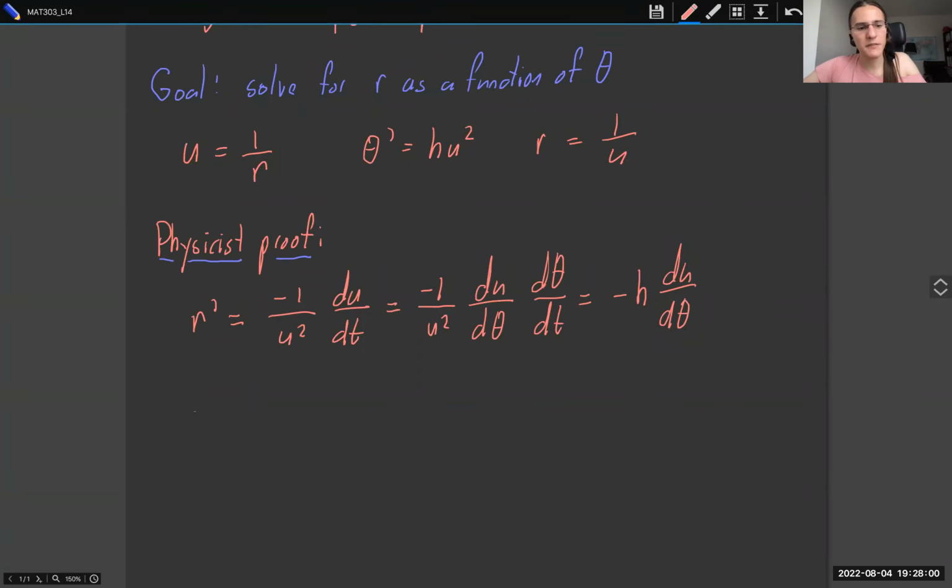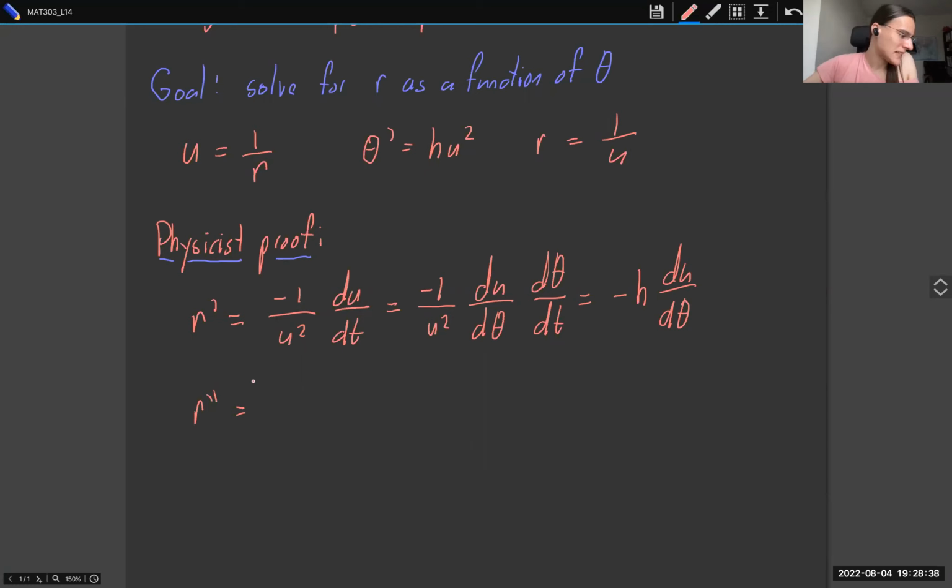Now, let's say we want to find the second derivative of r. Well, then we look at this expression. And so you'd say, well, okay, this is a function. What's the time derivative of this? Well, the catch is that this is a function of theta, and you've differentiated it with respect to theta. So there's a chain rule. Now, is this clear that there should be a chain rule? Not at all. But physicists will know that because there's a theta here, u is now a function of theta. And so if you're differentiating by time, theta is a function of t, and so you get a chain rule application.